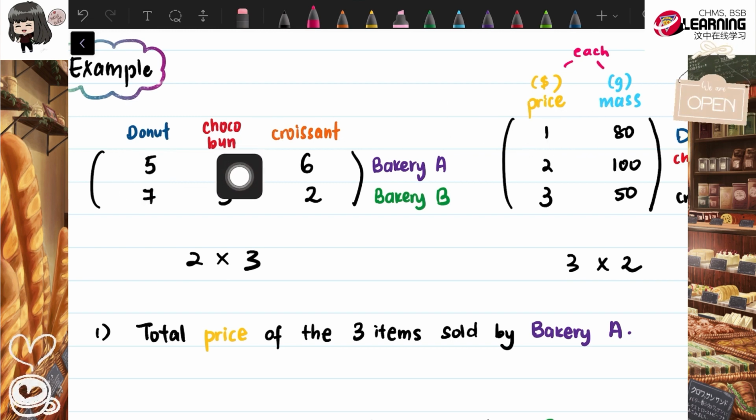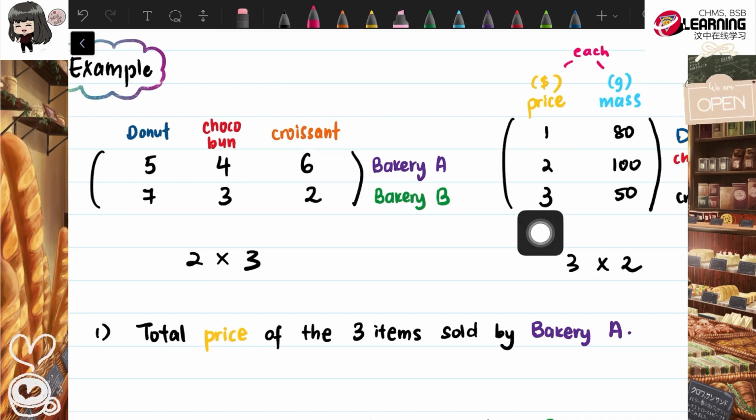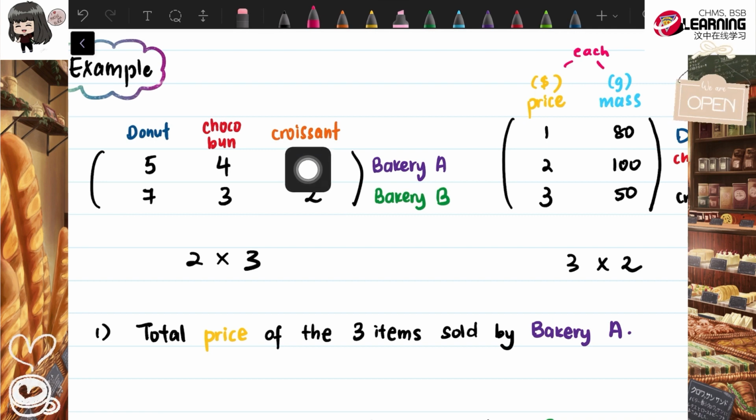Bakery A sold a total of 4 choco buns with the price of $2 each, and the croissant is $3 each, and bakery A sold a total of 6 croissants altogether.